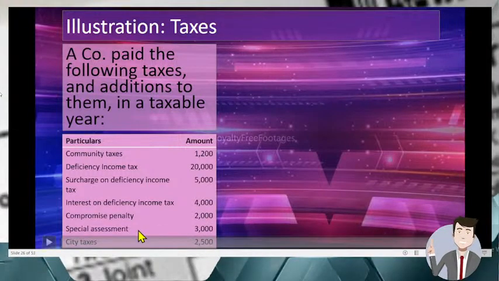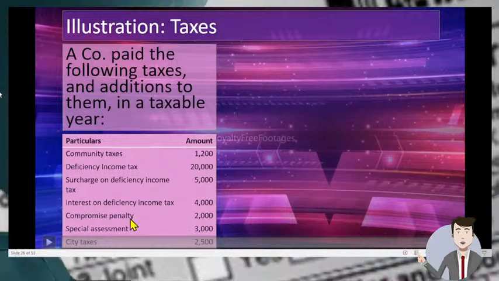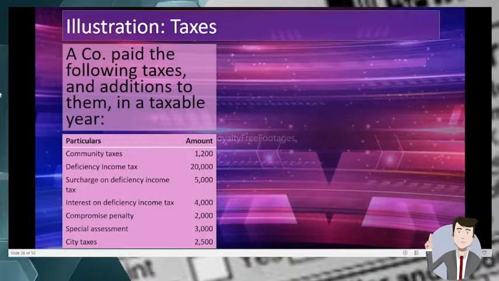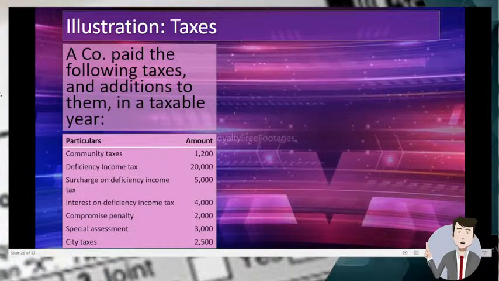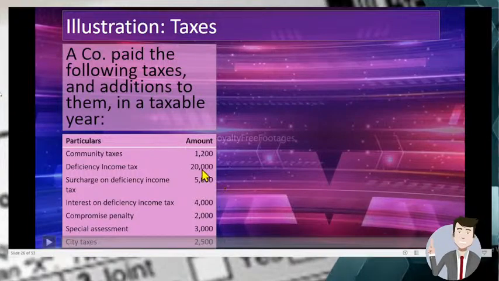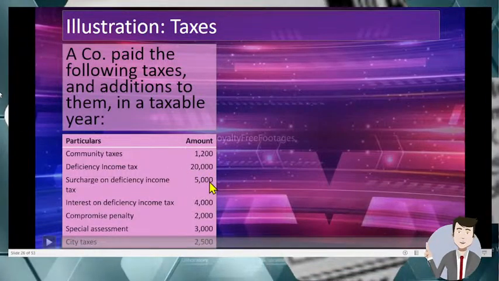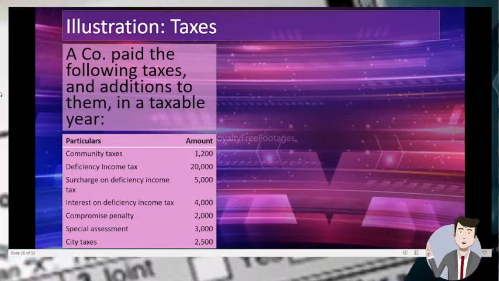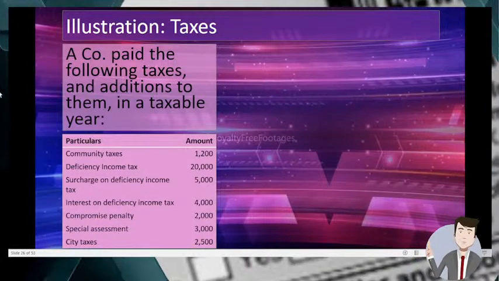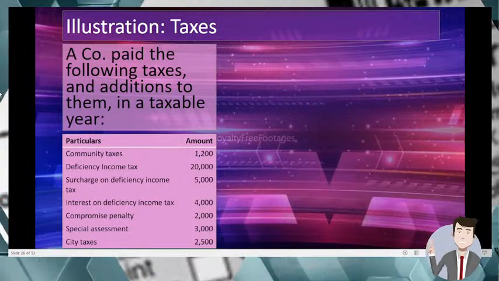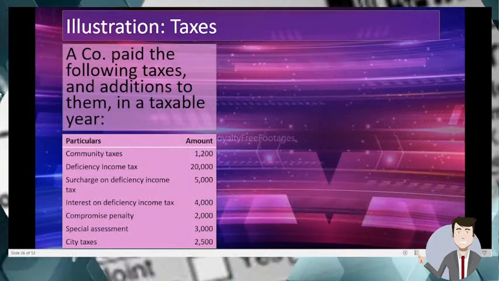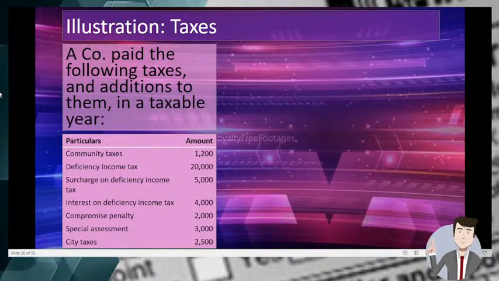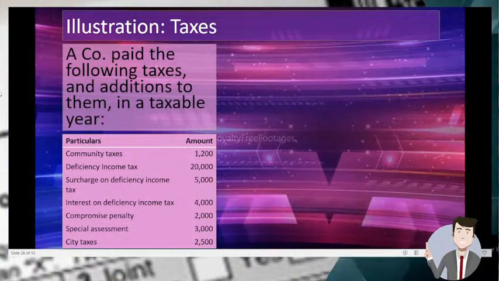Okay? So next, we have your compromise penalty. Compromise penalty is an additional penalty imposed by the Bureau of Internal Revenue because of deficiencies or any other open cases. In order not to deprive the government of due process, because it will cost both the taxpayer and the bureau additional legal fees, they will instead settle for a compromise penalty.